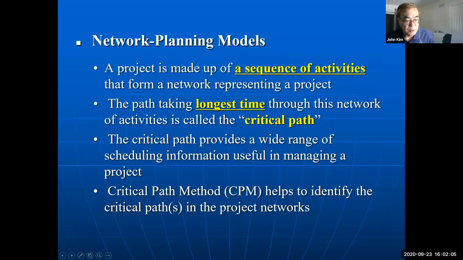Because project consists of many works, and then maybe there is a sequence, such as something before something, we cannot do something. So it's like that. Like I said, if I build a house, then before I have a permit, I cannot dig.